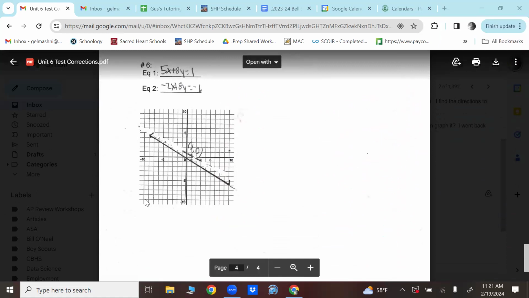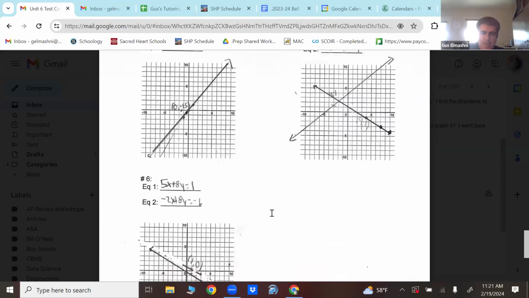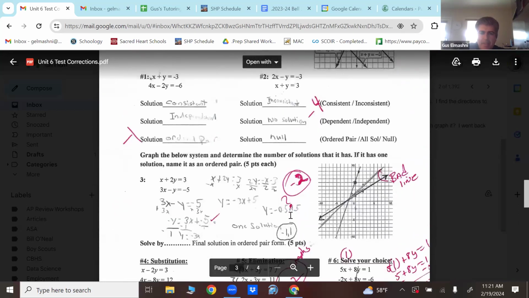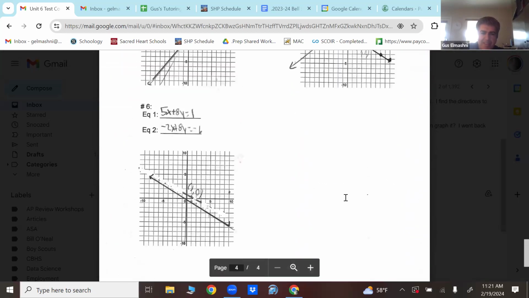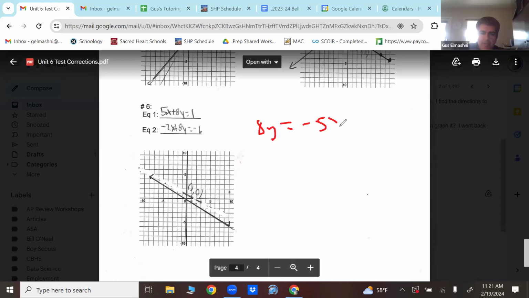And then you have to just graph both lines, which again are kind of nasty ones to graph. I'm not sure why your teacher asked you, because you already did the graphing part over here. So be it, it's fine. 8y equals negative 5x plus 1.